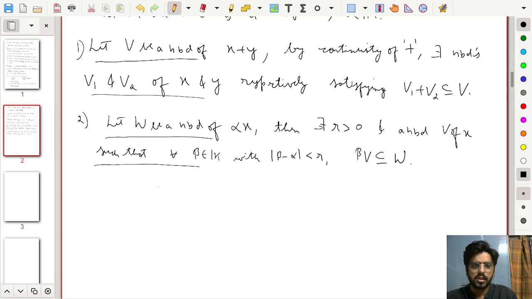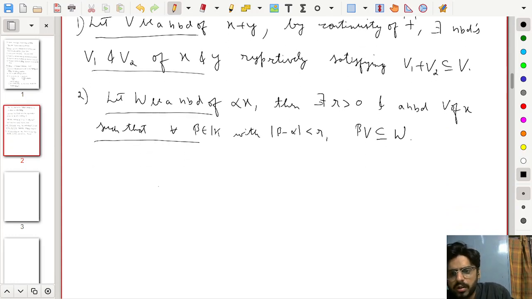Okay. So let us give some examples of topological vector spaces. Examples: every normed linear space is a topological vector space.